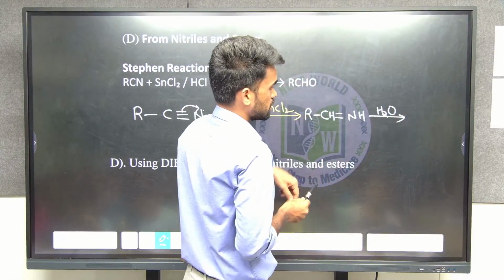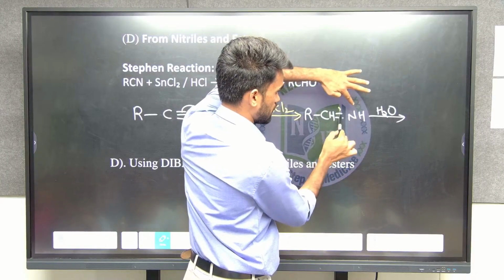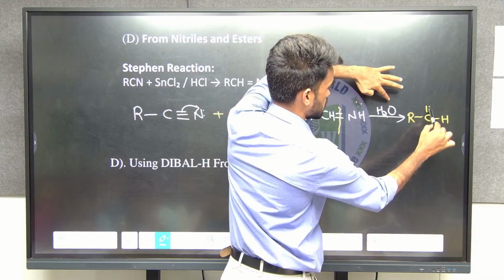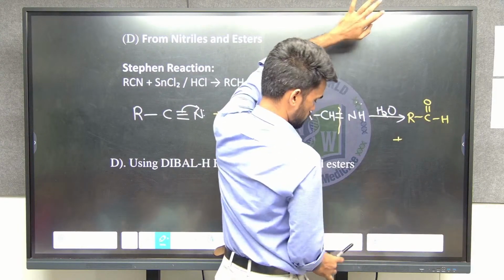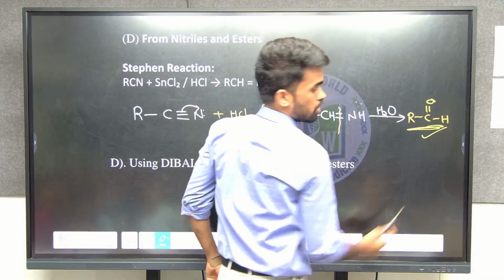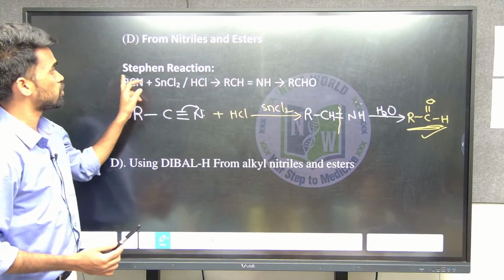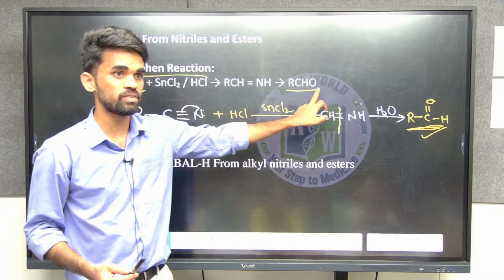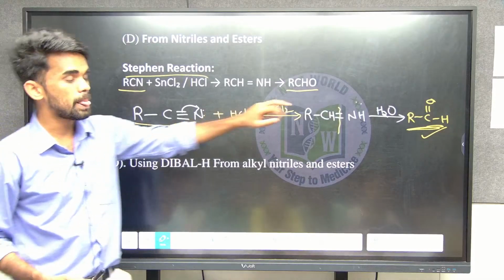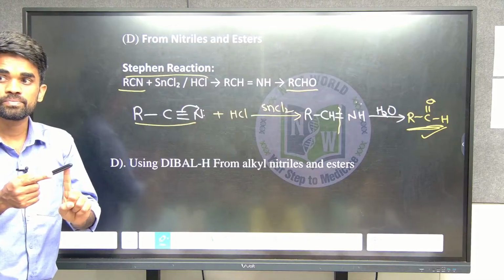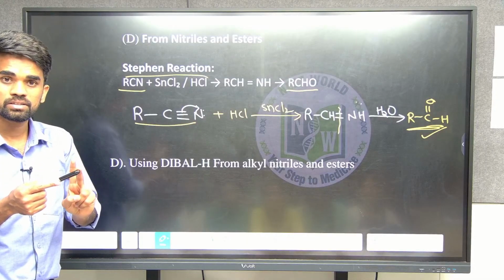Hydrolyze this means remove this double bond like this, R, C, H, give this oxygen to that. So finally, what is the product formed? Aldehydes. So Stephen reduction converts cyanides, alkyl cyanides, to aldehydes. From where to where? Cyanides to aldehydes. Once again, Stephen reduction, what is the product formed? Aldehydes. From where? Cyanides.